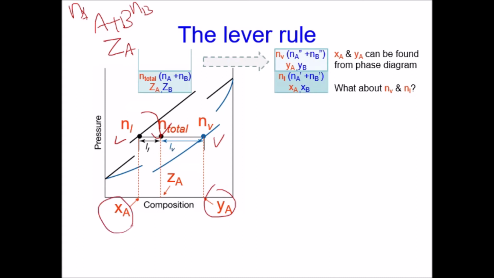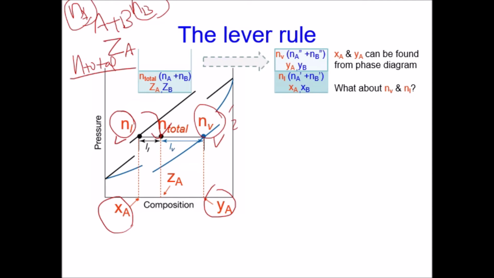And we know the total number of moles because we know the moles of A and B, how much we added. But how many moles are in the vapor phase and how many moles are in the liquid phase? That's the amount of substance we want to find out.